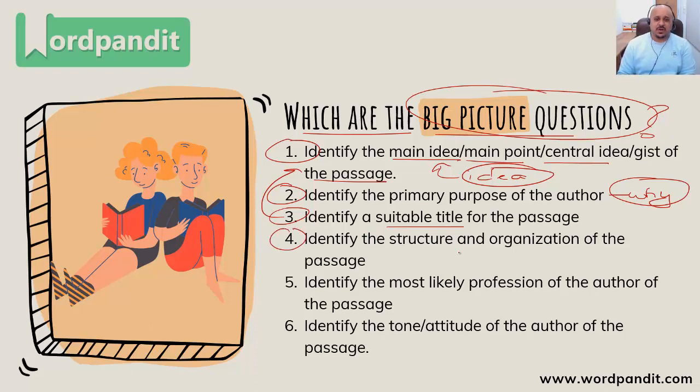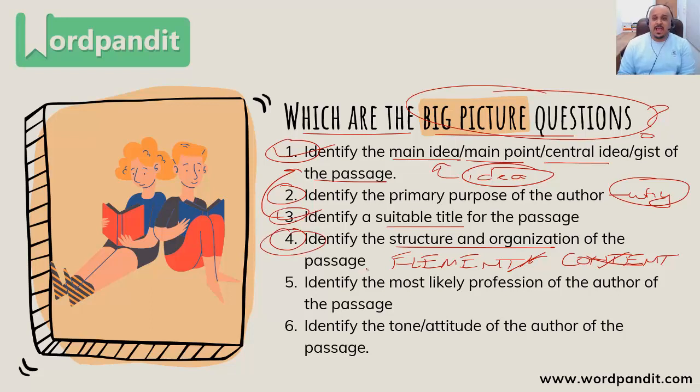Then you could be asked to identify the structure and organization of the passage, how that information is presented and structured. This is dealing with the elements of the passage rather than the content of the passage, right? So this is not based on the content of the passage. The first question, the main idea of the passage, the title of the passage, these are driven by the content.